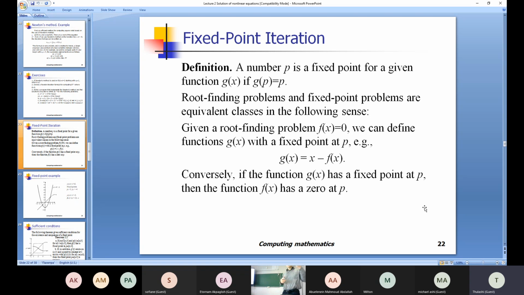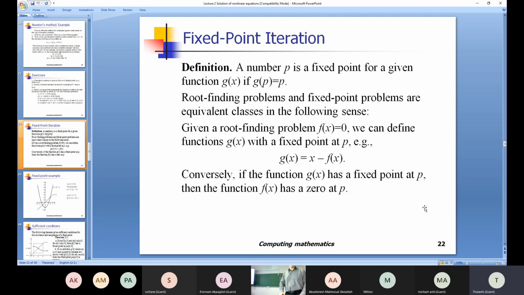If I consider 2, will it be the fixed point? No, because 4 doesn't equal to it. Can you say what is one more fixed point, not only 1 for x squared?